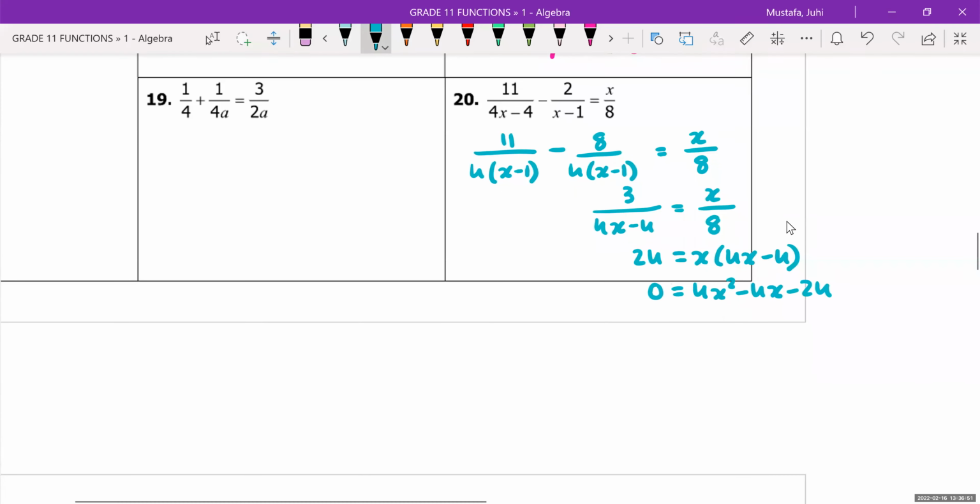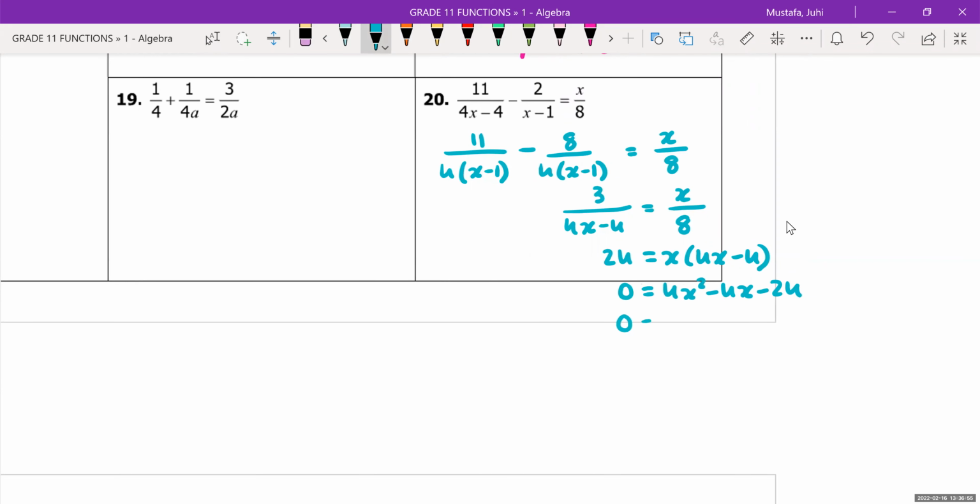To factor this, hopefully you guys recognize that you can factor out the number 4, our greatest common factor. And then it's just a simple trinomial.